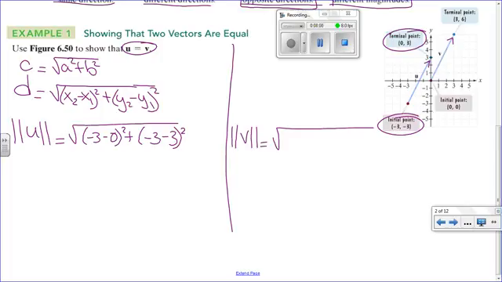Sometimes they actually include the arrow on top. Yes, double line. You can have the arrow on top or not, and it will have the same meaning.